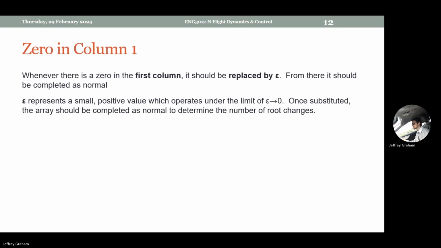So it tends to 0, but it's not quite 0. So epsilon may very well be something like that, a very, very small number, but just above 0, so it's positive. We need to bear that in mind when we do the final analysis.